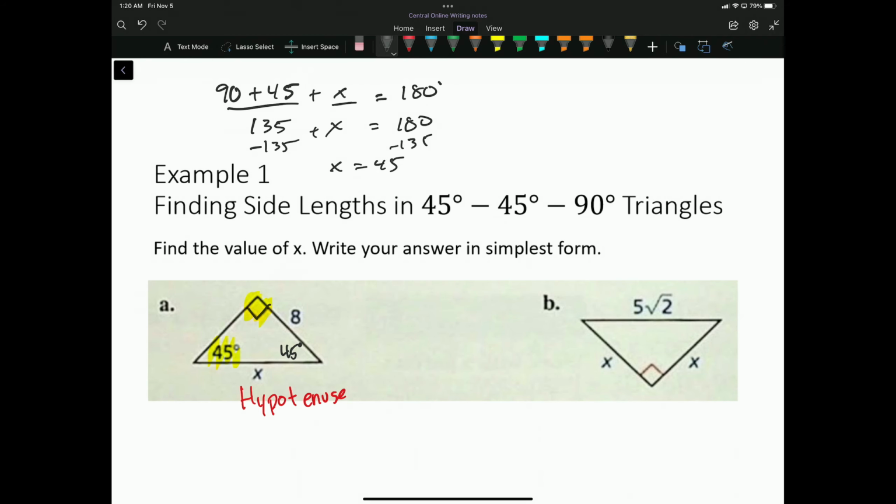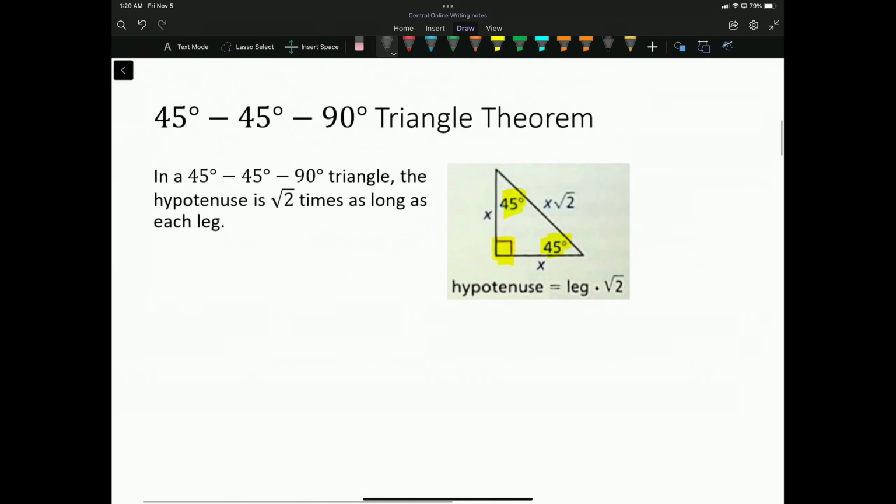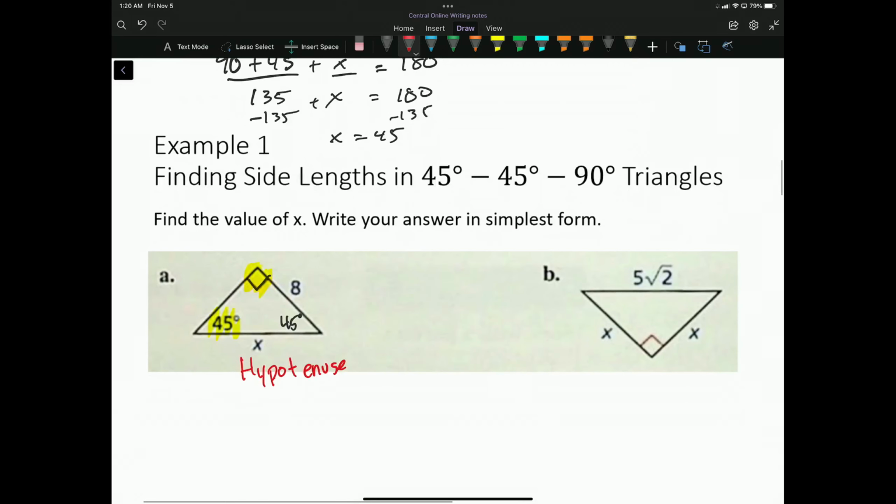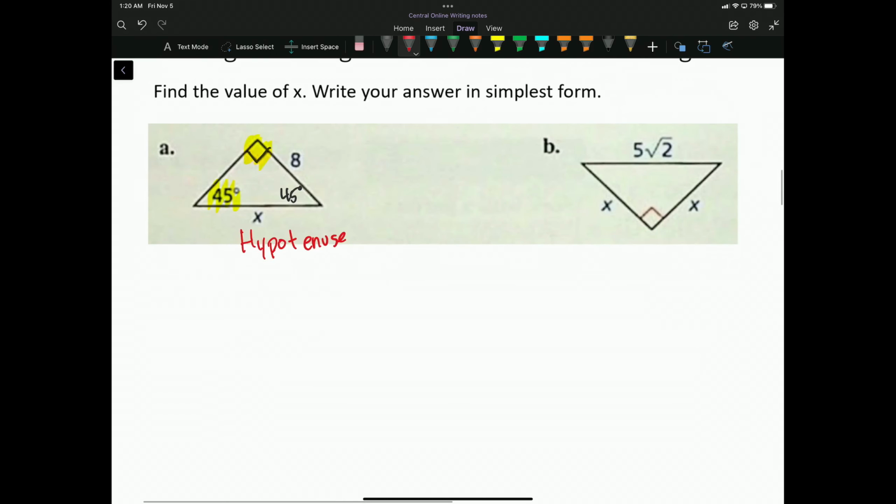All right, let's go back to my theorem. I'll scroll up really quick. If we know the sides, we just have to multiply. If you know my leg, we can just multiply that by the square root of 2. So if my leg is 8, my hypotenuse is going to be my leg times the square root of 2.